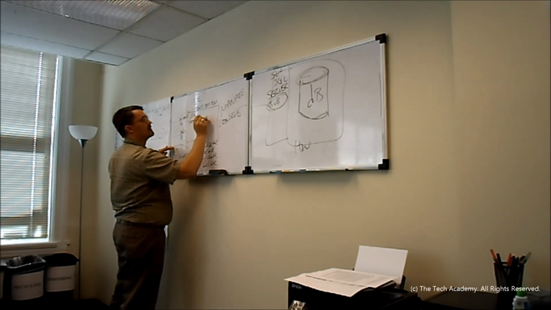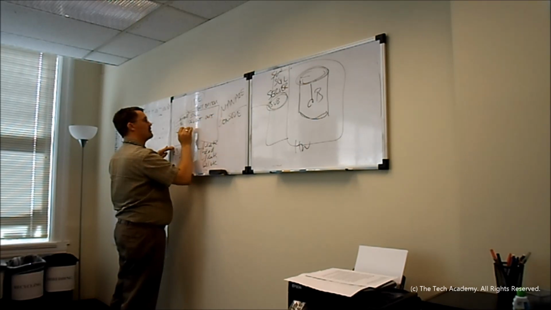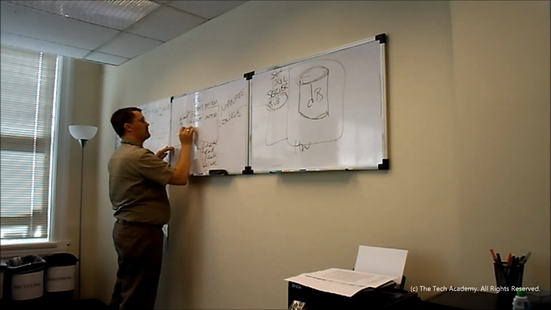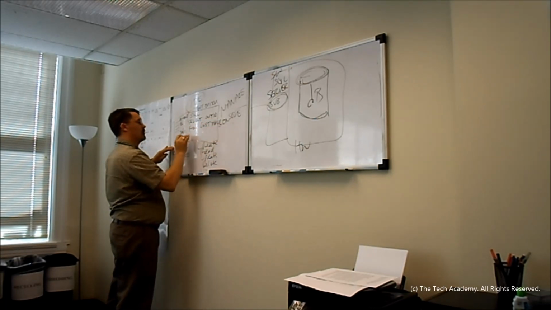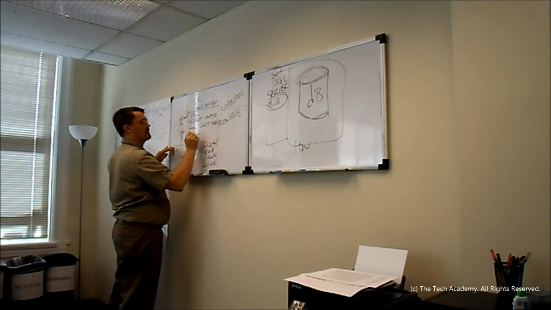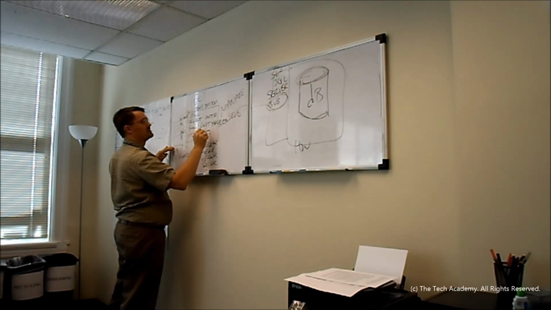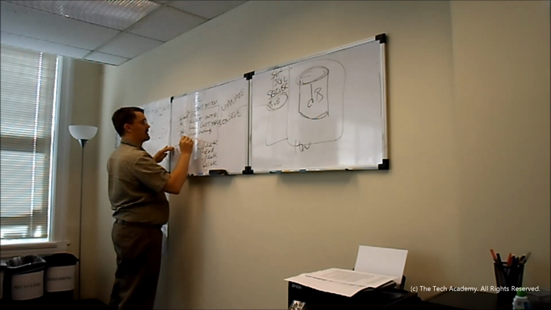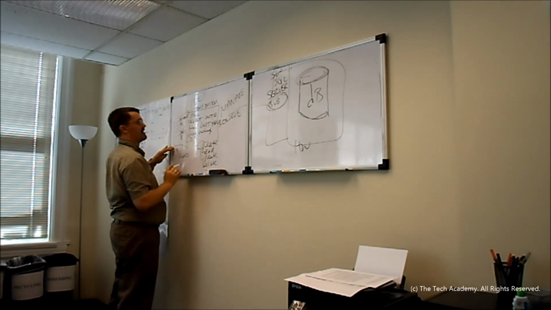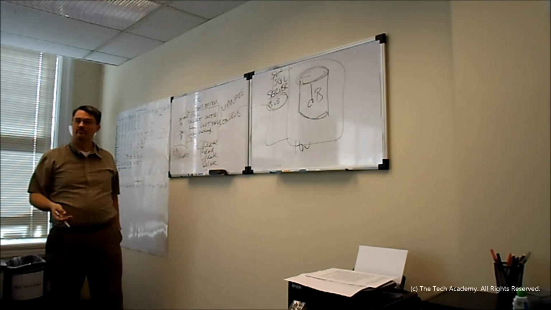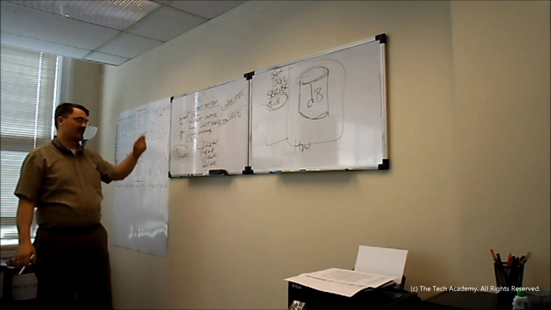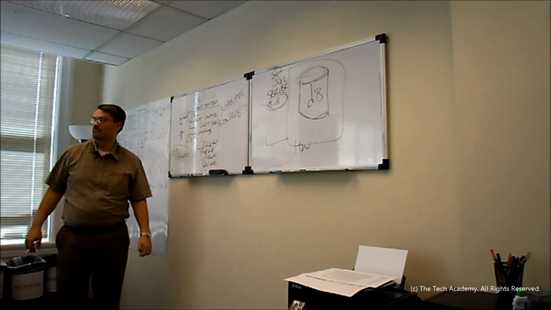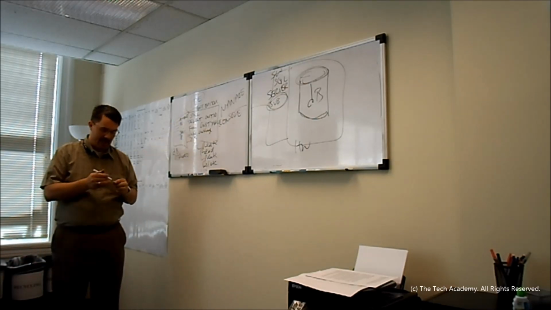Select customer ID from customer table, where customer age greater than 5. Whatever. You got a table full of customer data, you know their age, you want every customer that's older than 5 years old. It's that simple, okay?